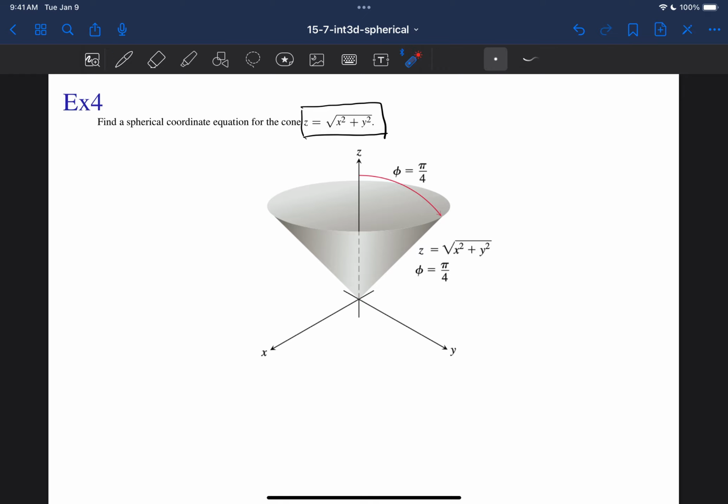But if we look at any point in the cone, then this point has phi equals pi over 4. And that means the cone equation is basically phi equals pi over 4. Rho can be anything greater than or equal to 0. And theta is anything from 0 to 2 pi.